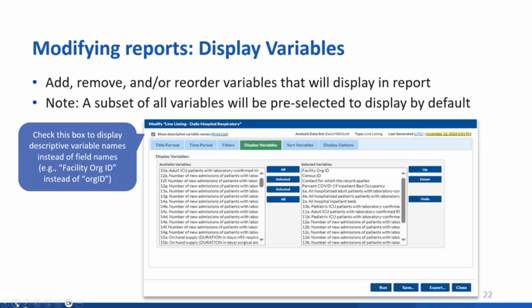Another helpful display modification for users is the Show Descriptive Variable Names option at the top of the report modification window. Selecting this option will update all variable names to use long label names rather than field names in both the modification window and the column names in generated reports.